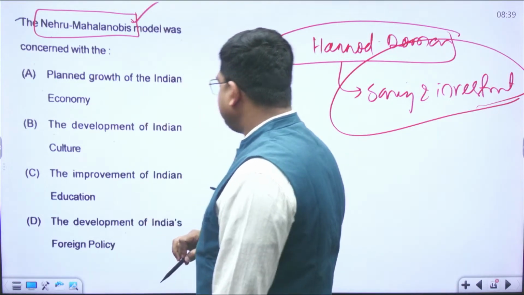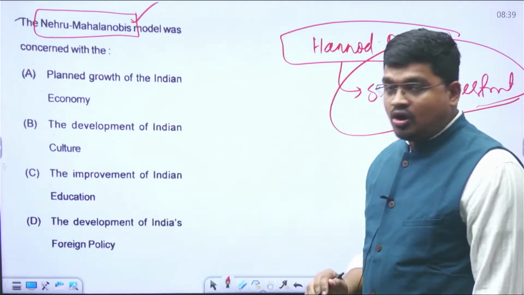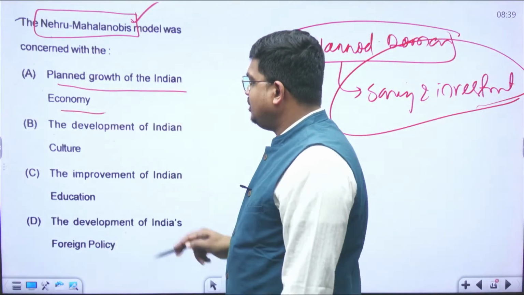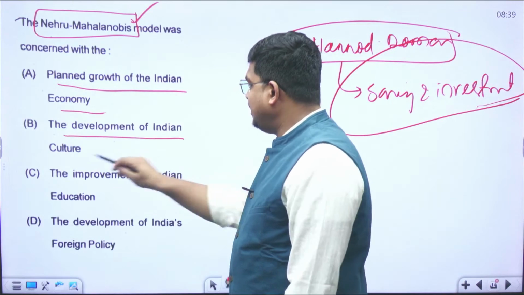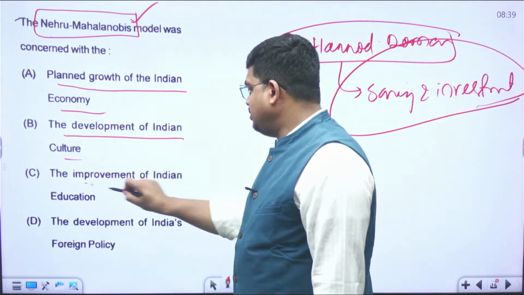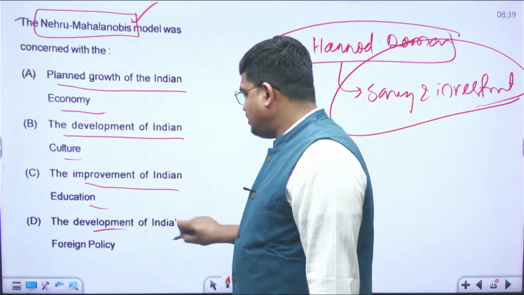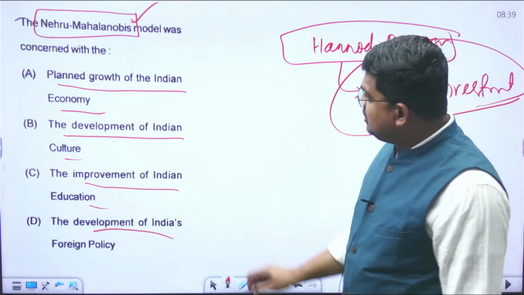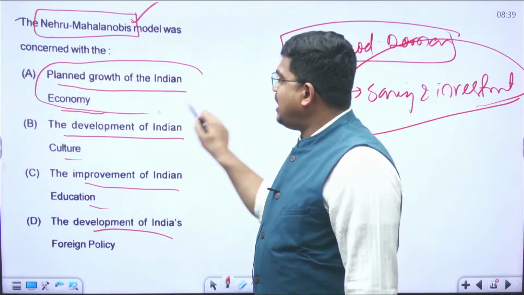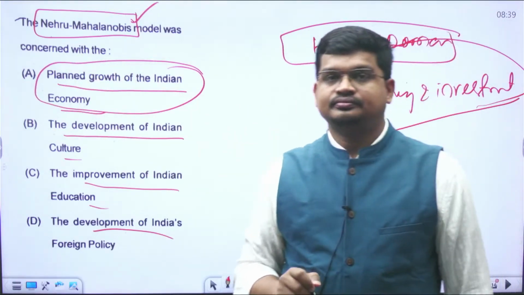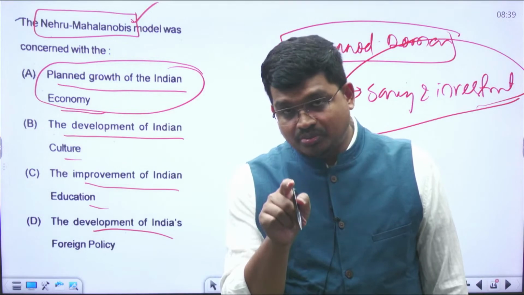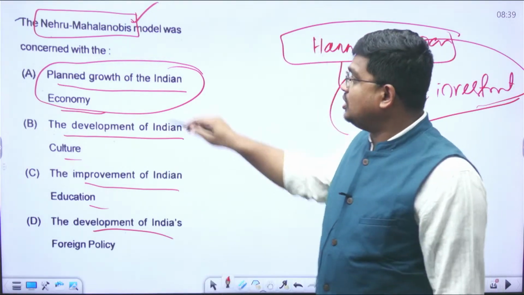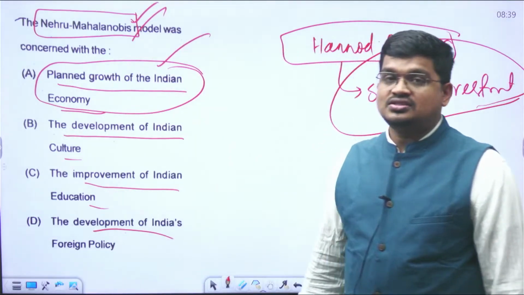If you see the four options, planned growth of the Indian economy, development of Indian culture, improvement of Indian education, and development of India's foreign policy. Obviously the answer is planned growth of the Indian economy, because the second five-year plan was based on this model. That is the reason this answer is correct.